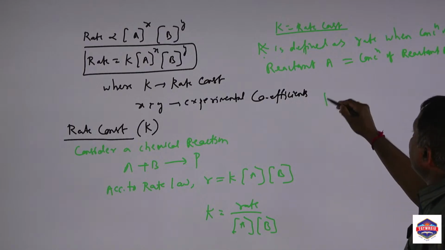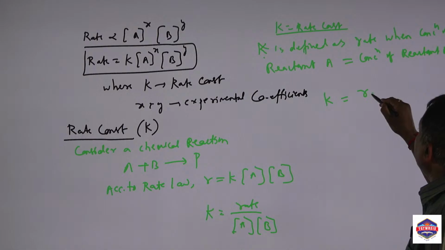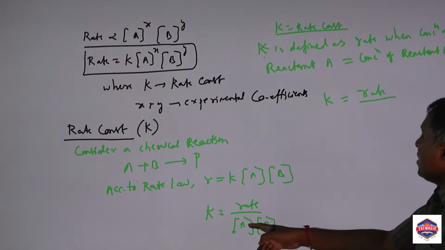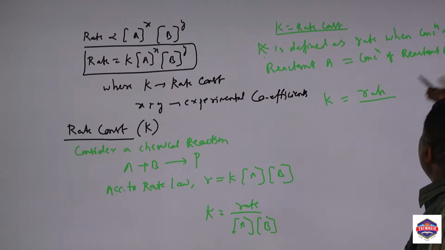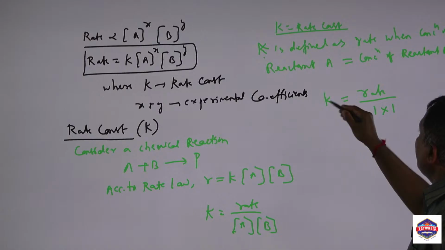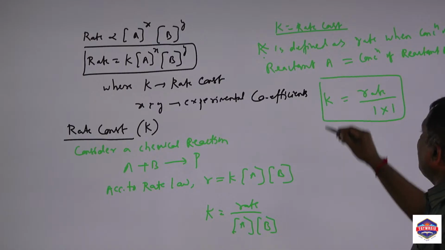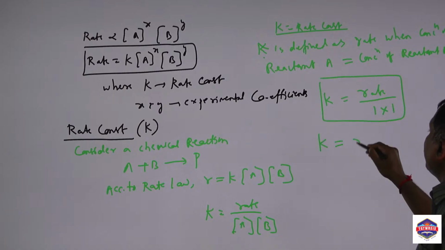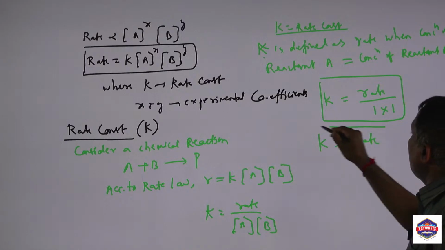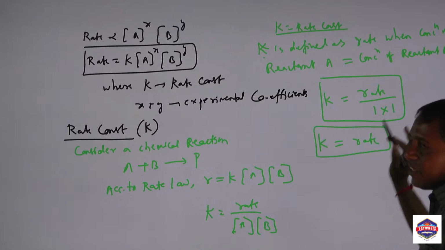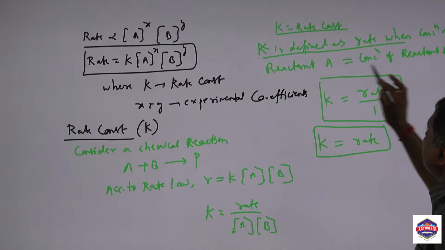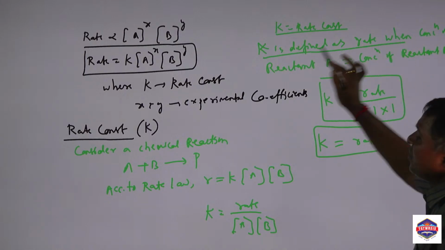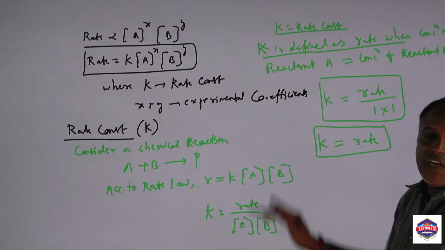That means k is equal to rate, and concentration of reactant A and concentration of reactant B both are equal to 1. Therefore 1 into 1, therefore k is equal to rate only. What is k? k is rate. k is defined as rate when concentration of each reactant becomes equal to 1 or unity.